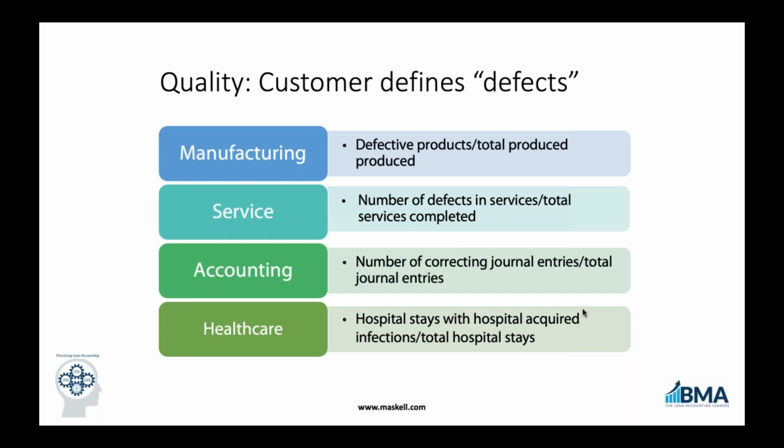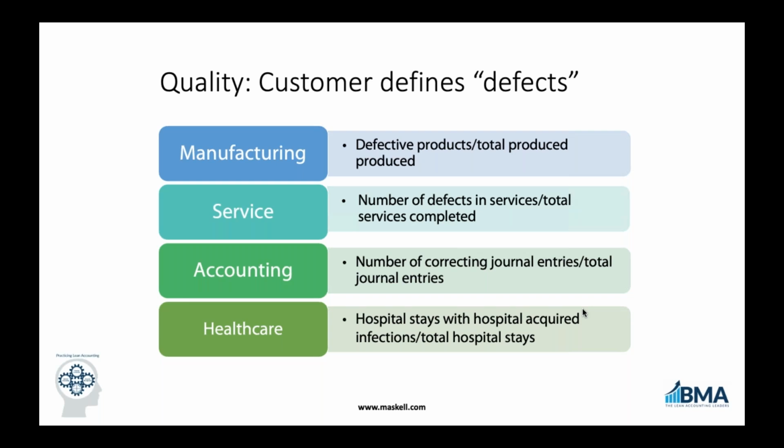Number one is, when it's in service industries and even in accounting, it's very important to really define what a defect is, and obviously from the customer's viewpoint is best, because within service and accounting, it's sort of easy to fix the defect and not consider it a defect.